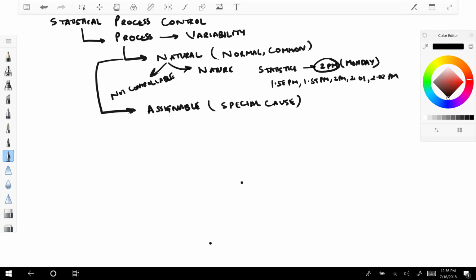So this is where you can assign the variation to a reason, some reason or cause.